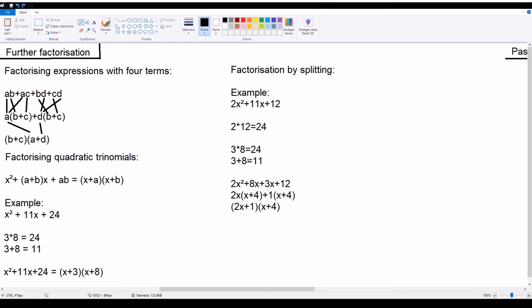So you separate the 11 into 3 plus 8, and then you simply just do factorization like before. This turns into a factorization expression with 4 terms, which you then turn into this end result.